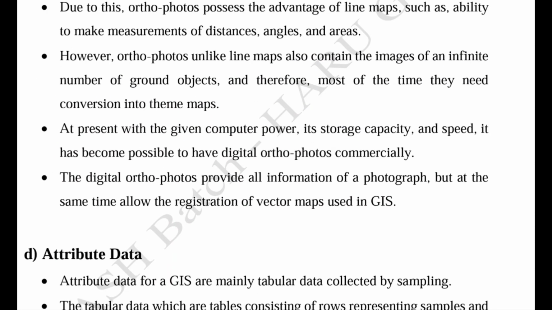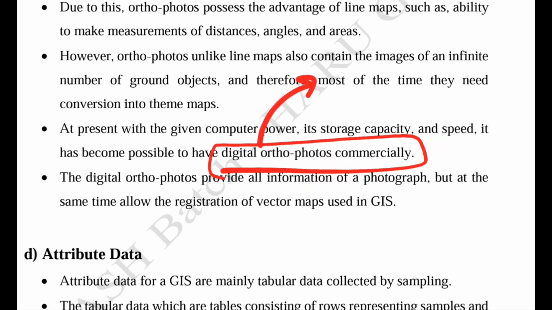At present, with the given computer power, its storage capacity and speed, it has become possible to have digital orthophotos commercially. Means we can also have digital orthophotos commercially. So these can be stored and directly used in the GIS application.